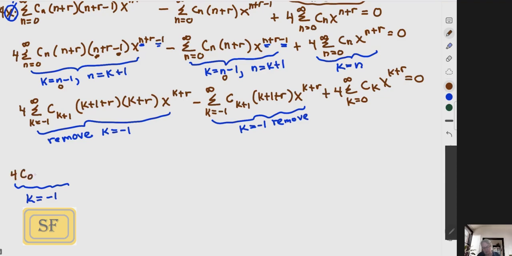This is going to be a c sub 0, and k is -1, so -1 plus 1 will cancel to give me r, and k is -1, so this becomes -1 plus r, and my exponent becomes x to the -1 plus r. And I'll be able to write my summation now using a lower index of 0. Otherwise, everything just gets copied.